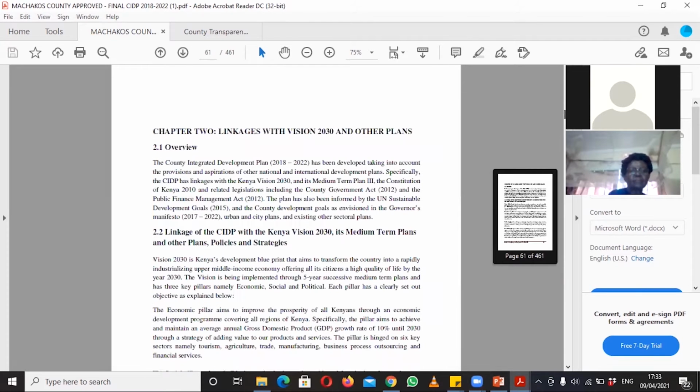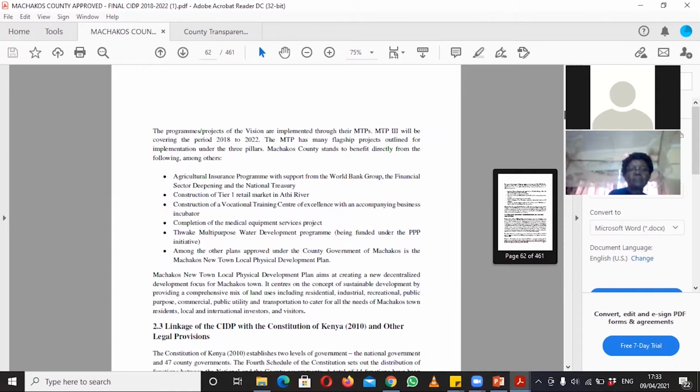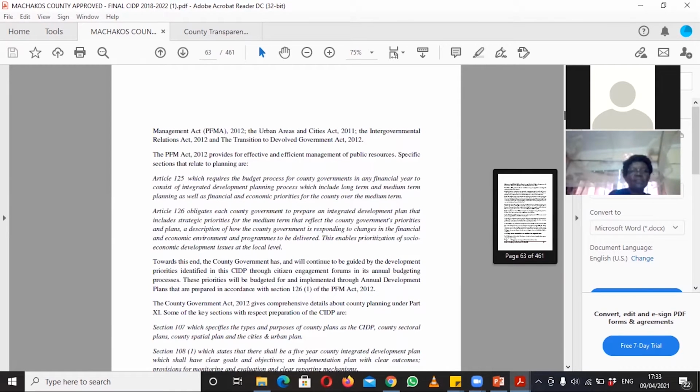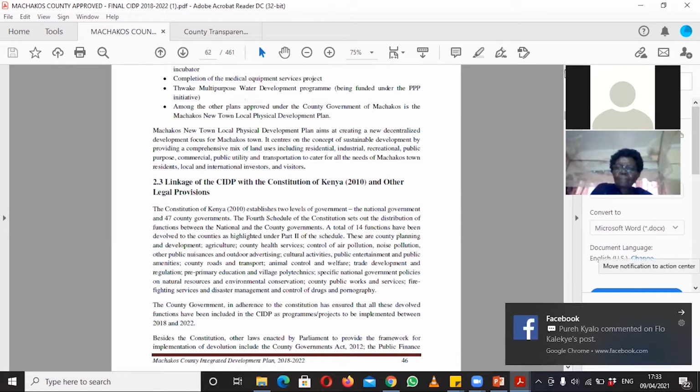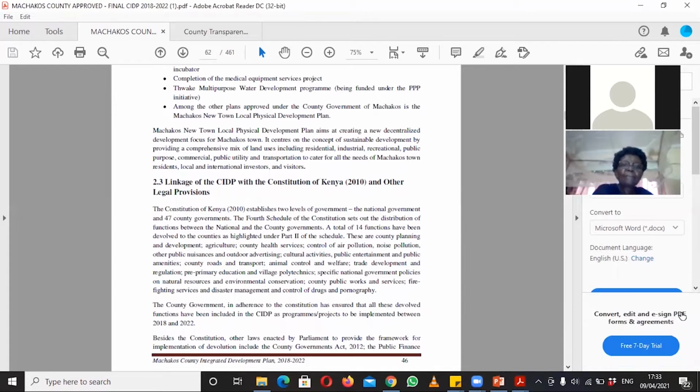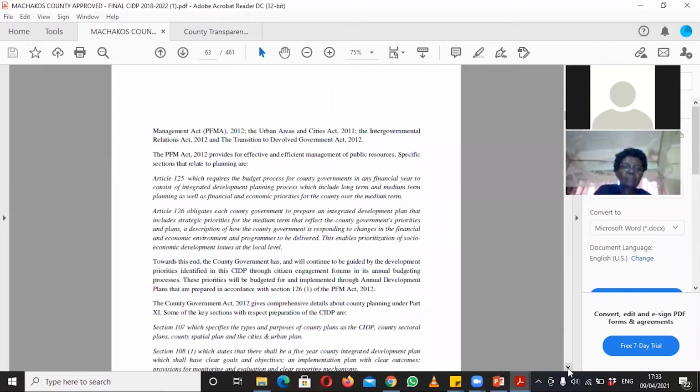You see over here, the linkage of the CIDP with the Kenya Vision 2030. It is also linked with the Constitution of Kenya 2010, so that you know it is a legal document. The Constitution of Kenya 2010, the Public Finance Management Act 2012.